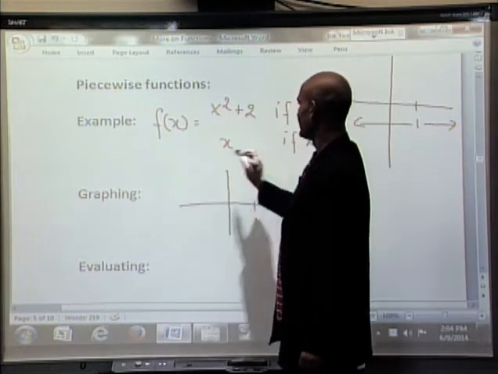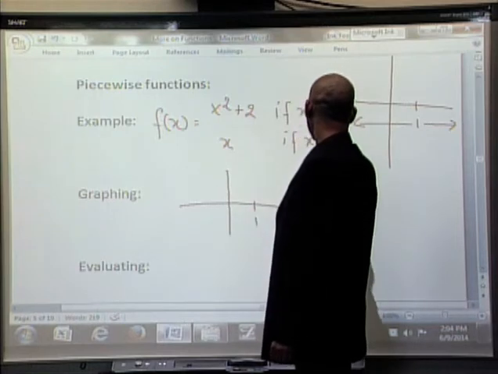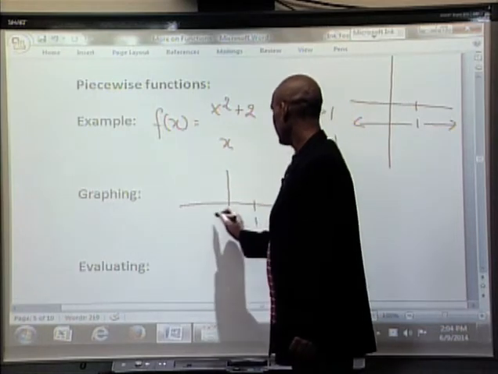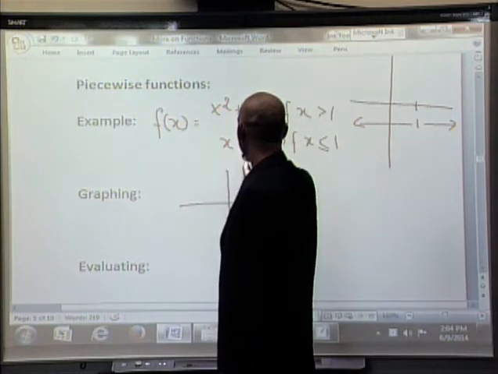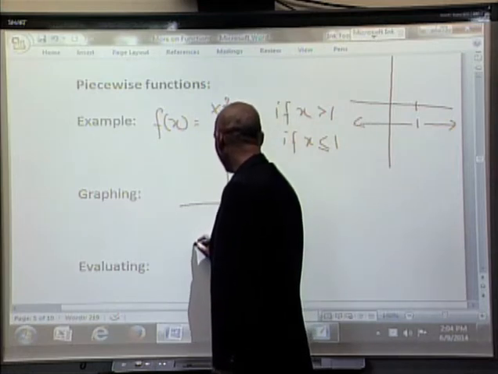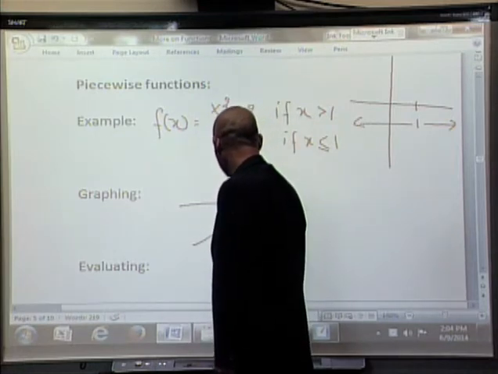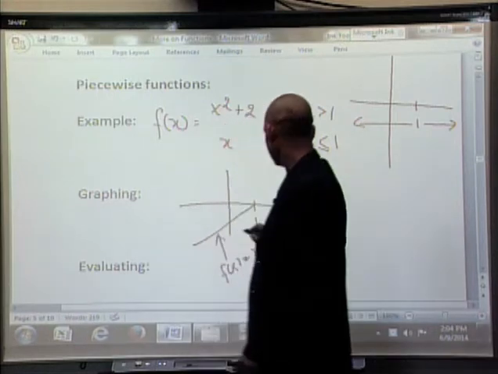According to this formula, if x is less than 1, below x equal to 1, the formula of the function is x. So, basically below x equal to 1, I have to be graphing f of x equal to x.